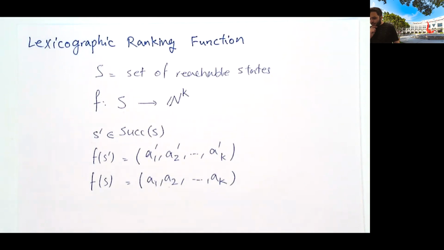But why does this work? Why does the program terminate if and only if it has a lexicographic ranking function? Well, if a program terminates, then it has a ranking function, and a ranking function is a special case of a lexicographic ranking function. So this side is trivial. On the other hand, if your program has a lexicographic ranking function, why does it have to terminate?